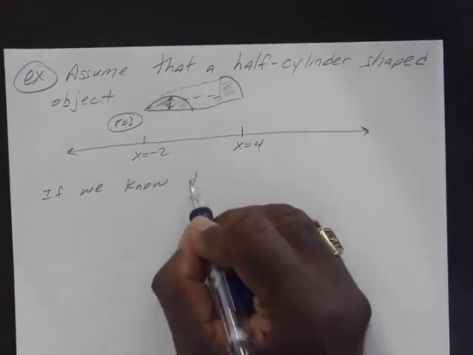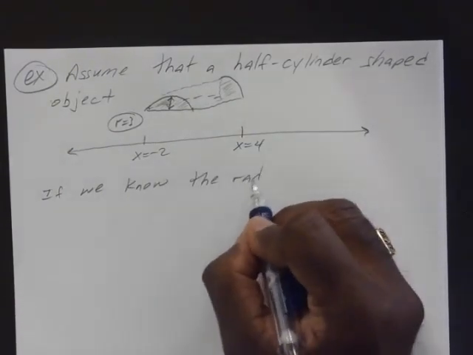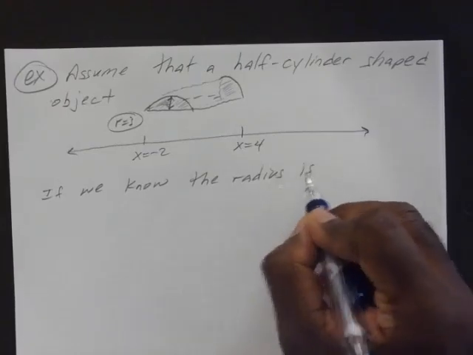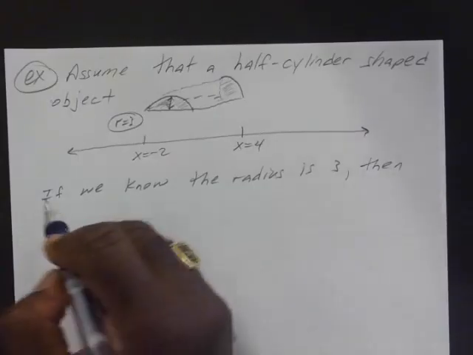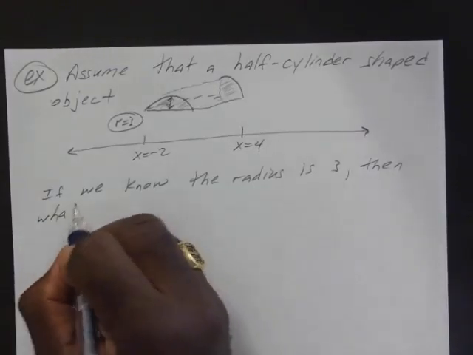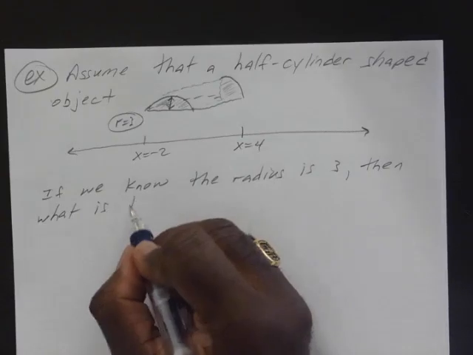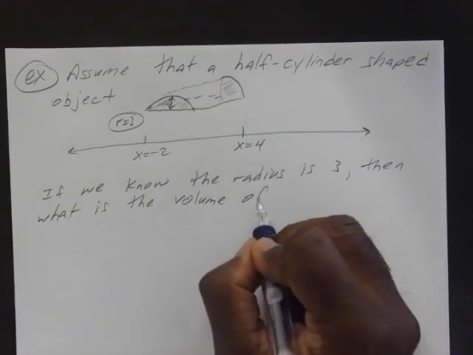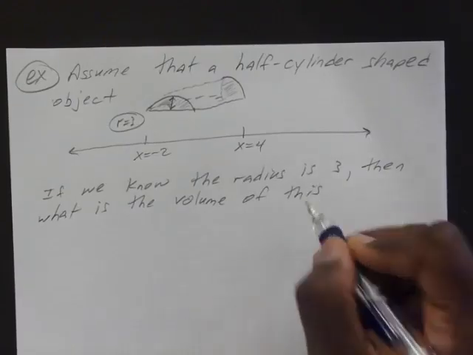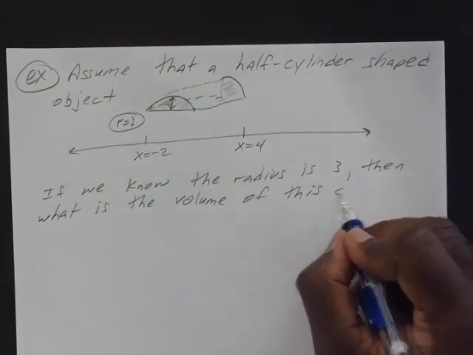So if we know the radius is 3, what is the volume of this cylindrical shape?